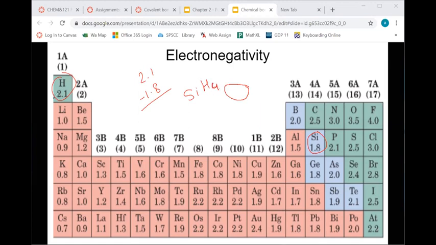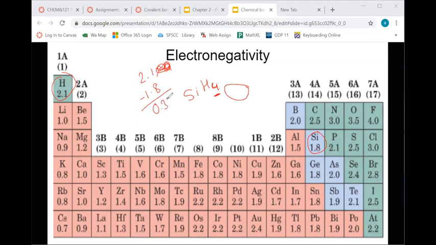You are not going to do 2.1 times 4 because there are 4 hydrogen. You don't do that. You are just looking at the bonding between silicon and hydrogen. So 2.1 doesn't matter how many are there. It's between 2.1 and 1.8, and the difference is 0.3.